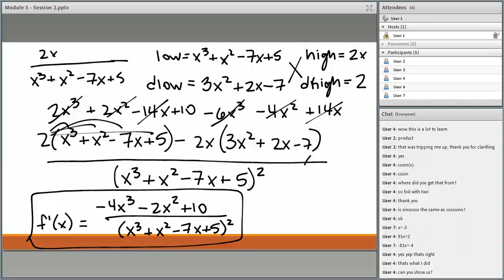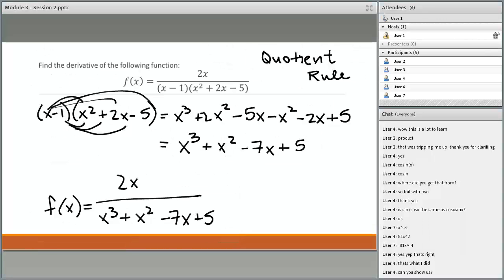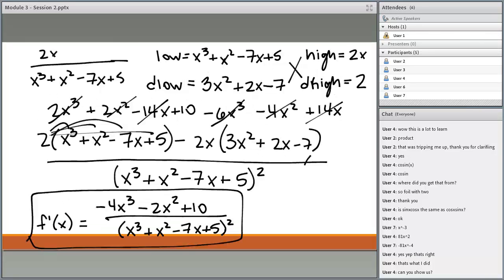One benefit of not simplifying first is this denominator, as it is factored. And so if we were trying to find discontinuities, it would be easier to find discontinuities in the factored form than it is in the simplified form. So that's one benefit of using the product rule. In this case, either option works. They're both the same.